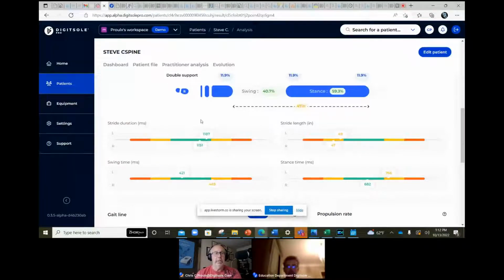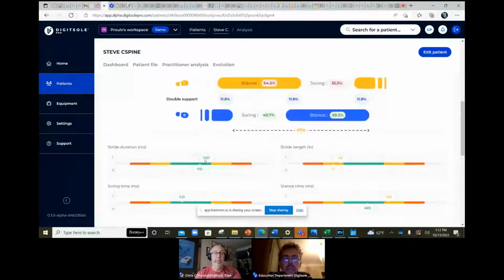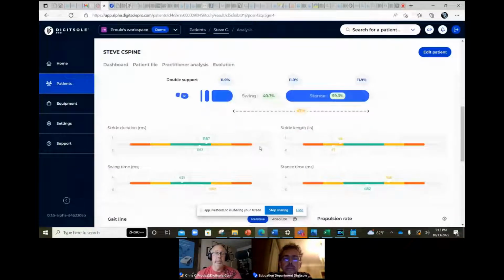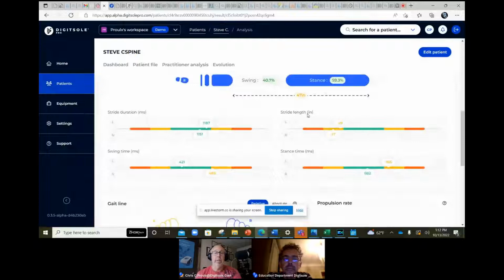And what we see here is the stride duration between the two is very similar. That makes sense because his stride lengths are very similar. But again, we're seeing some differences between the stance phases and certainly the swing phases, at least in percentage. Relative to his duration, what's interesting is his stride length is actually on the shorter side.